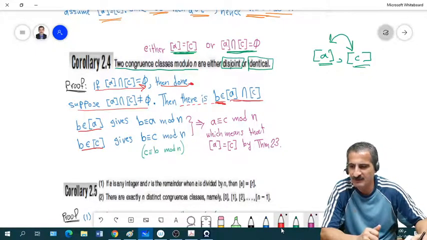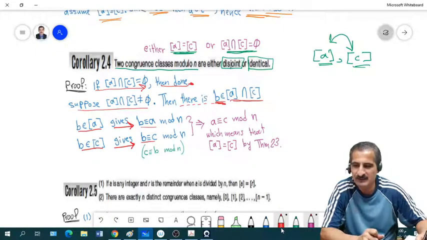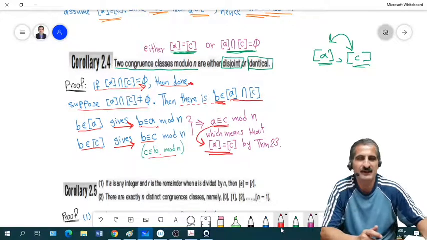But having P belong to the equivalence class of A means that P is congruent to A, and having P belong to the equivalence class of C means that P is congruent to C. Now use symmetry here, so we get C is congruent to P, P is congruent to A, so A is congruent to C. They are congruent to each other, and thus they have the same equivalence class.